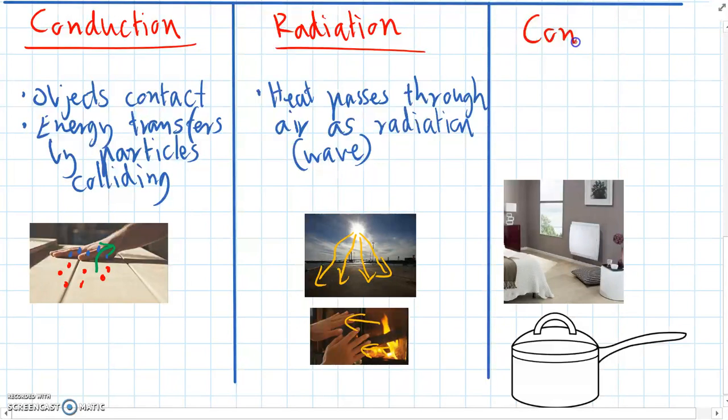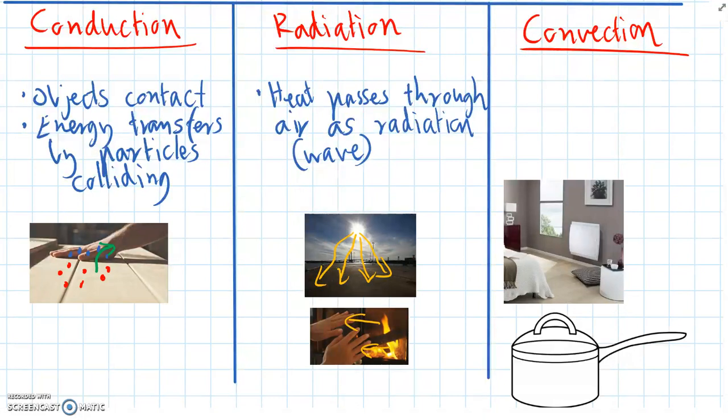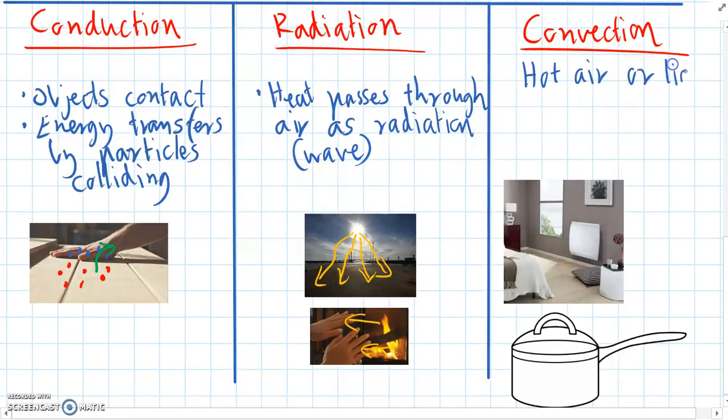Lastly, we have convection. So with convection, you need to have some sort of fluid, which is air or liquid. So hot air or liquid. And if that air can circulate or move around the room, or move around an object, like a hot saucepan, then the heat from one area can flow into another location.